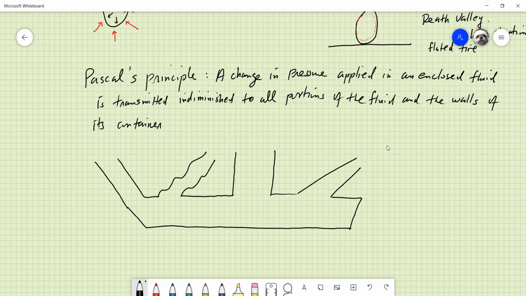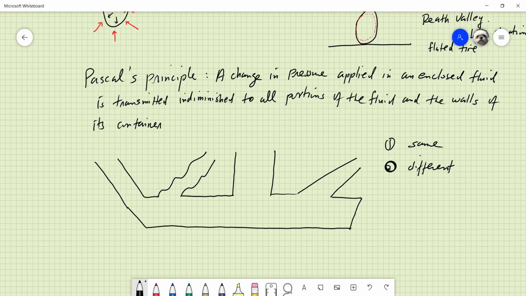Now let's say you fill the container with some liquid. So my question to you is, what is the level of the fluid? Are they the same or are they different?